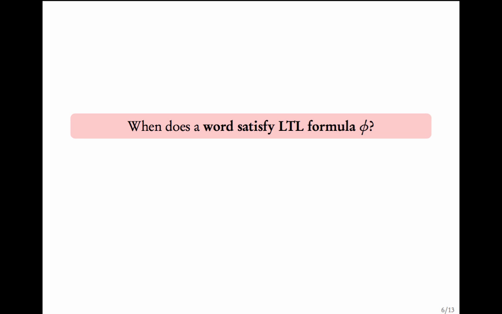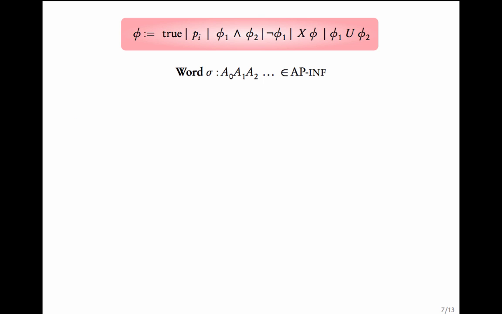When does a word satisfy the LTL formula phi? Let's take some word sigma given as A0, A1, A2 and so on. So this is a word. Each Ai is a set of atomic propositions.